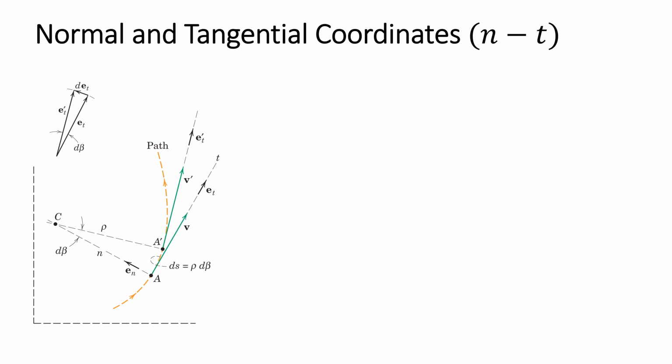But to analyze some problems, when a moving object travels along the plane, the normal and tangential coordinate is one useful coordinate.